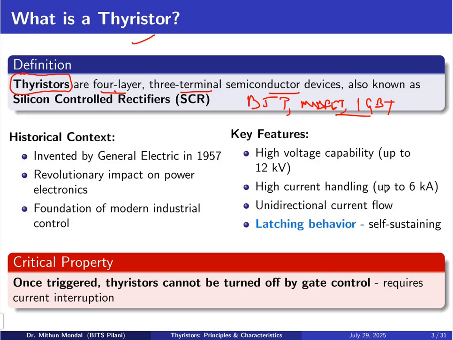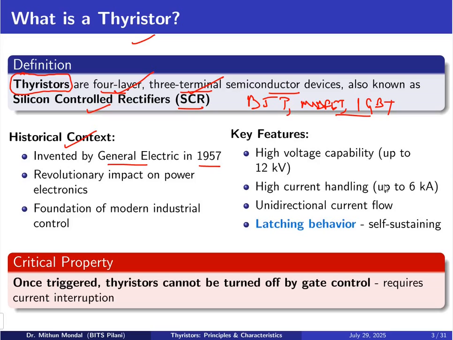So it is basically 4-layer and 3-terminal. And the most famous device in this thyristor family is the SCR, which is known as the Silicon Controlled Rectifier. Whenever we say thyristor, the analogy is the SCR which we are talking about. Historically, SCRs or thyristors were invented by General Electric in the year 1957.